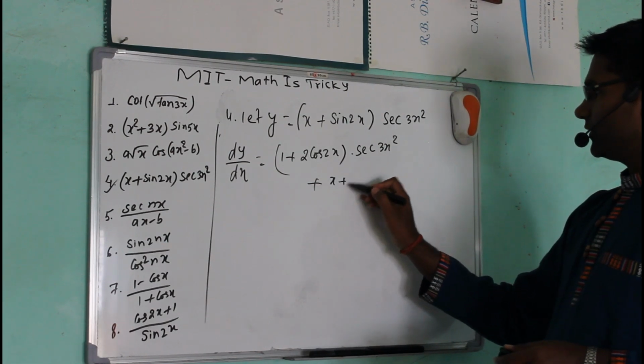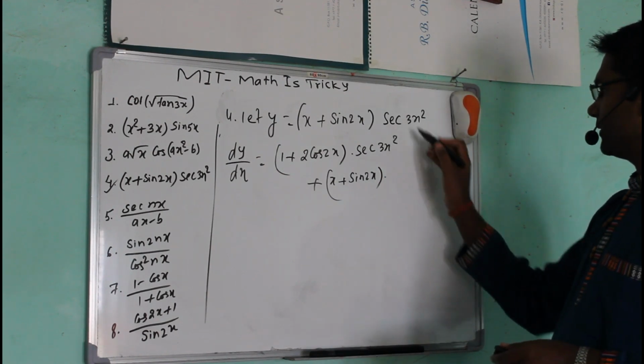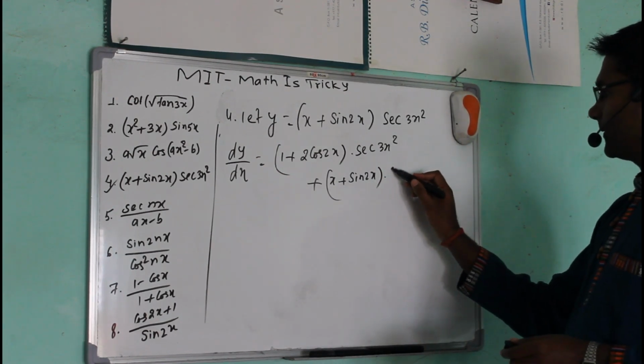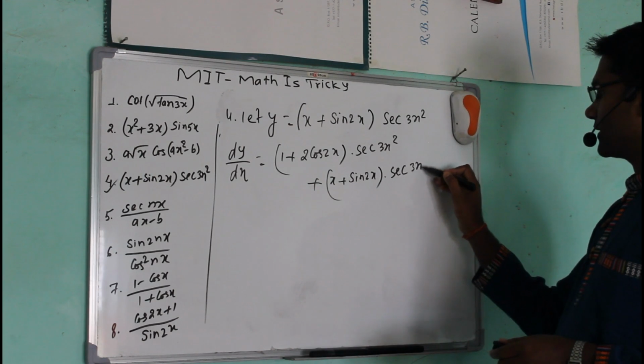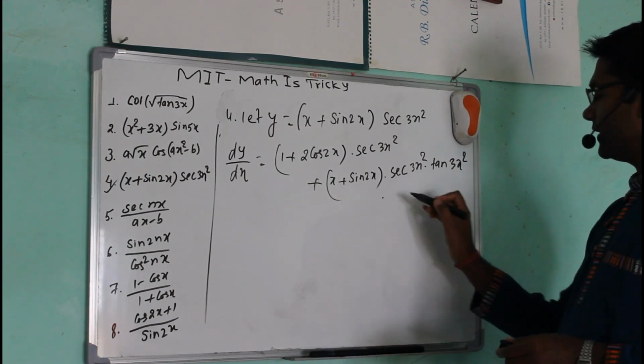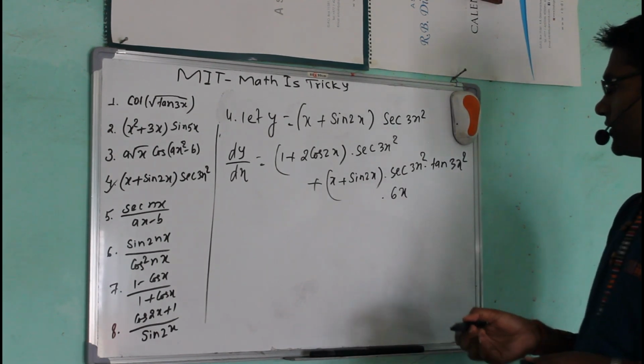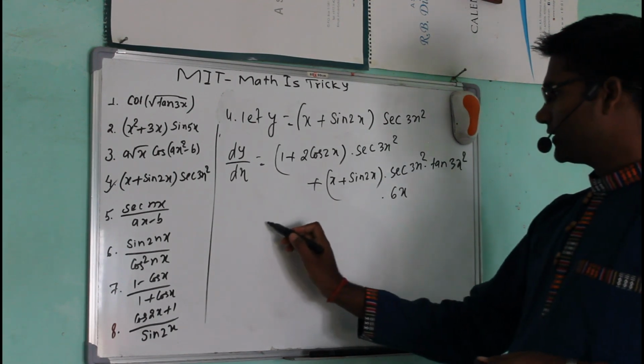Into first means as it is, I'm just writing here. Derivative of second: derivative of sec is sec x tan x, so sec 3x square tan 3x square, and then into derivative of this angle, which will be 6x. That's your answer. Just arrange this.